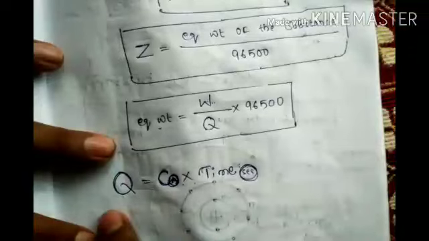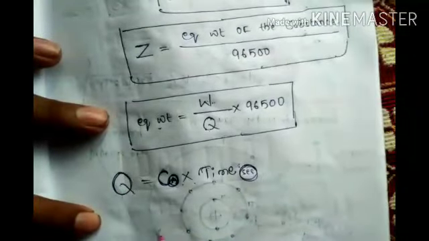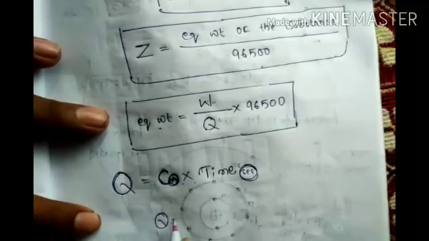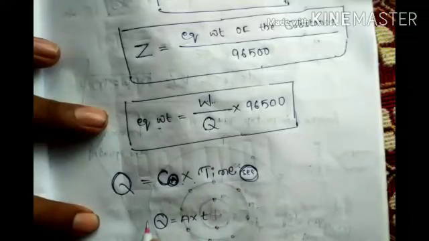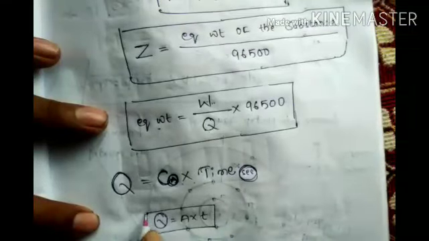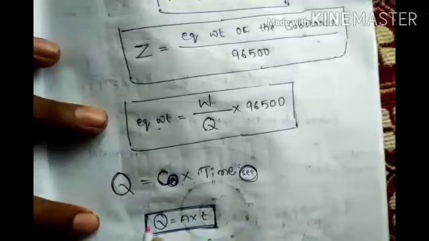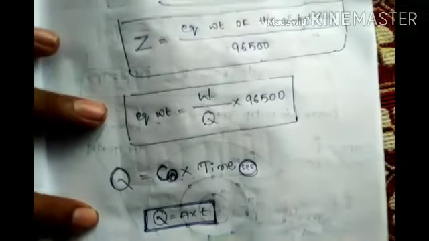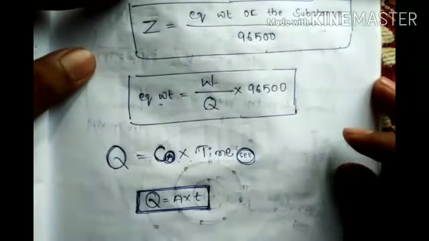This is a very, very important formula. How to write it? Q equals A into T. Simply you take Q equals A into T. This is the important formula.